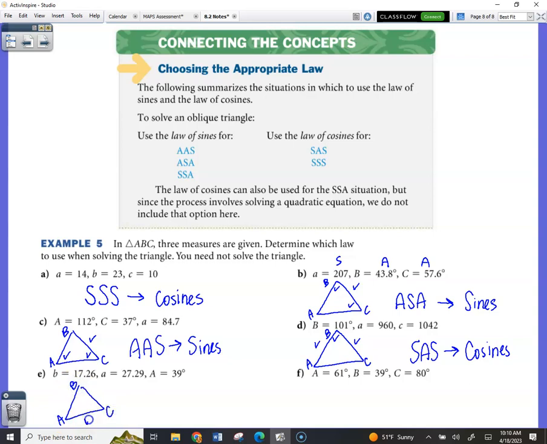E gives me side B, side A, angle A. That's an angle, a side, and a side, which means it's law of sines, and it's the one, I think I made a note here, where you have three, I'm going to say routes. It's either one solution, no solution, or two solutions. You have to check it.